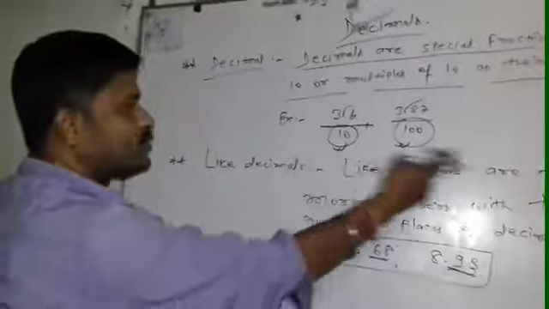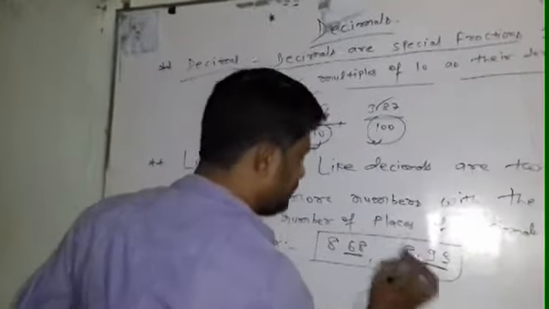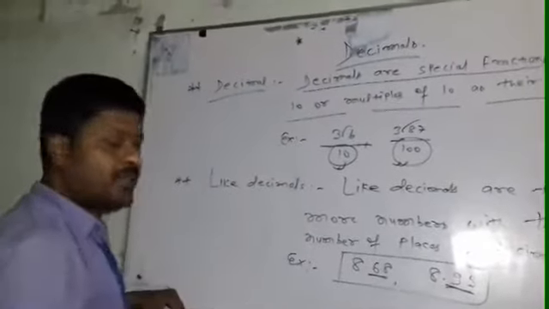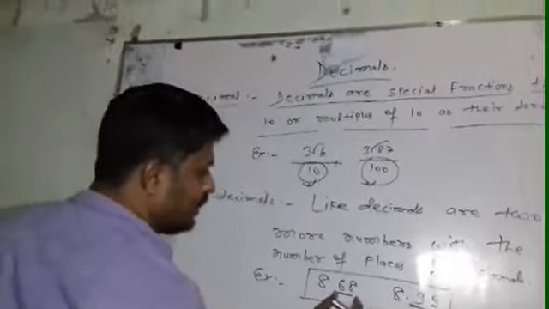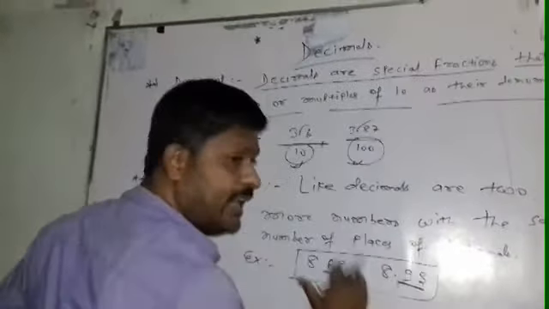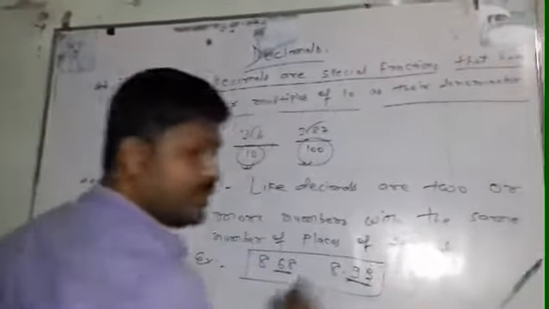So like decimals have the same number of places of decimal; the number of places must be equal. So this is in like decimals.